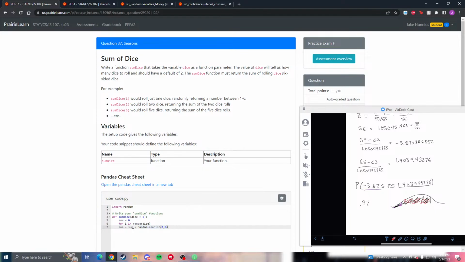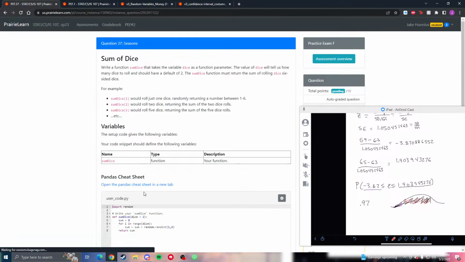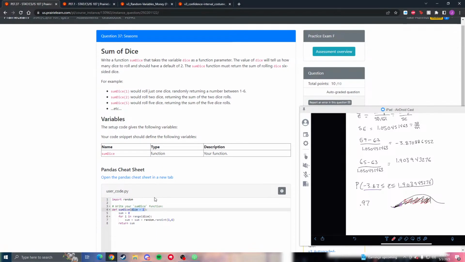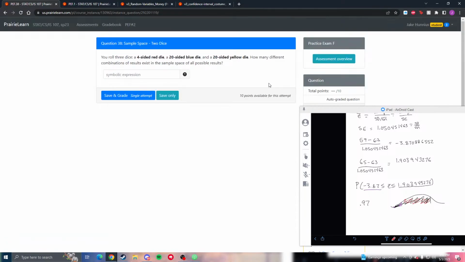You add it to your sum, and then when you're done, you just return sum. So the dice comes from the parameter that's passed in. If they don't pass in anything, it uses 2. That's what the equals 2 is for.